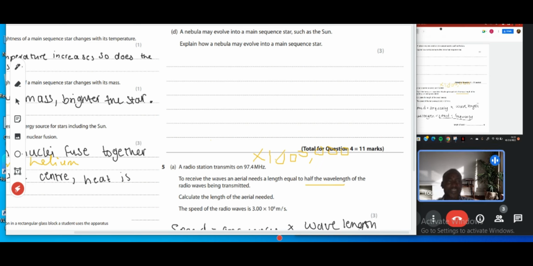Well, you can try, you can attempt that question. Just say something from what I discussed with you. Yes, it has to do with nuclear fusion and something.